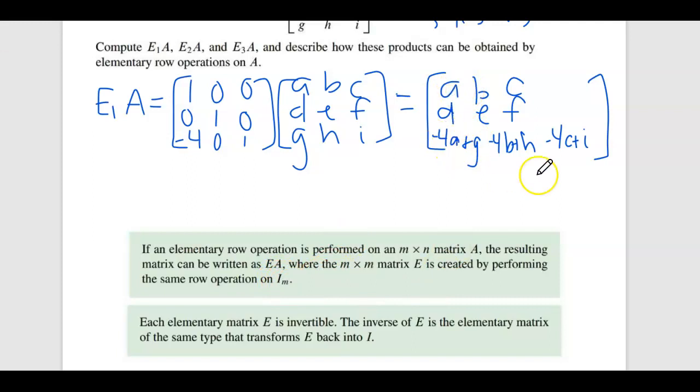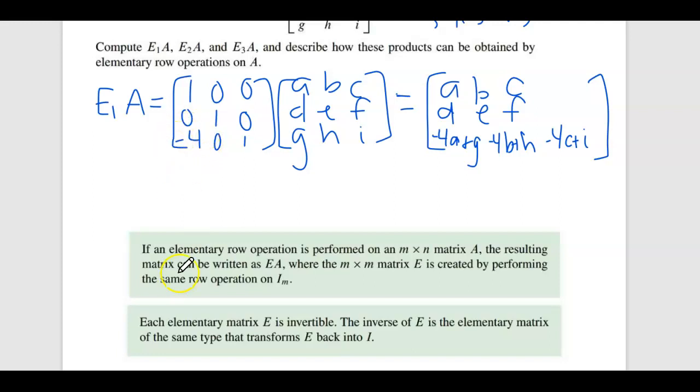And what that means is, this is our resulting matrix here. Well, this last row says take -4, multiply by the top, and add it down here. And that's the elementary matrix that I end up getting here.